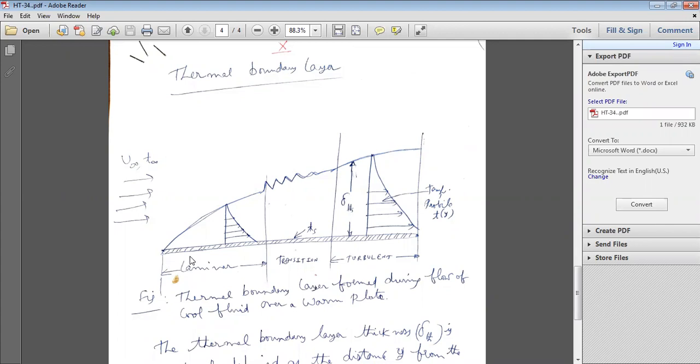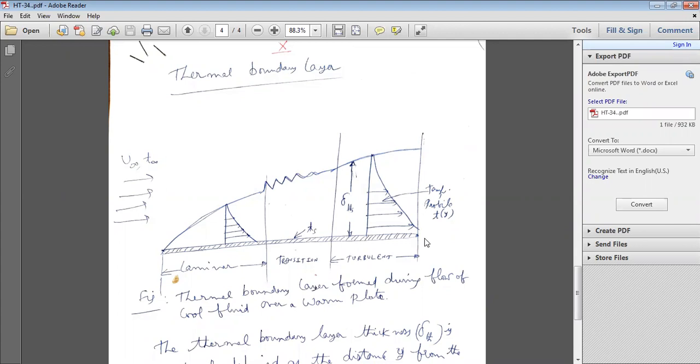Laminar flow exists up to a certain length of the plate. Here x equal to 0, here x equal to L, where L is the length of the plate. Up to a certain value of x, the laminar boundary layer is found. Between x equal to x1 and x equal to x2, the transition boundary layer is formed.